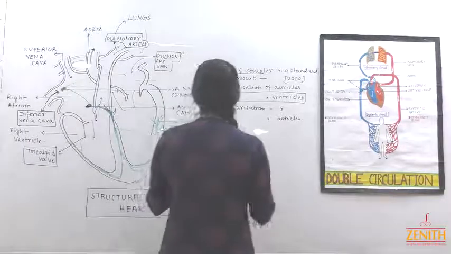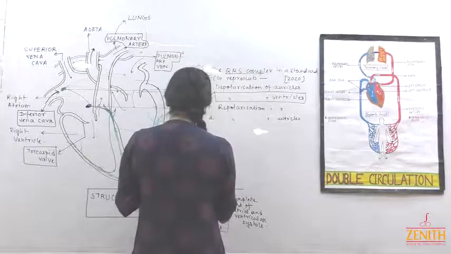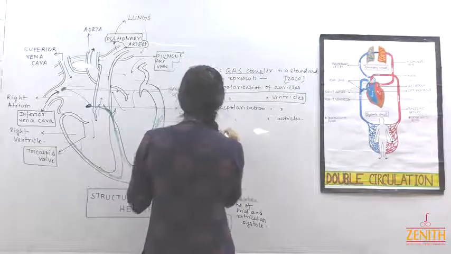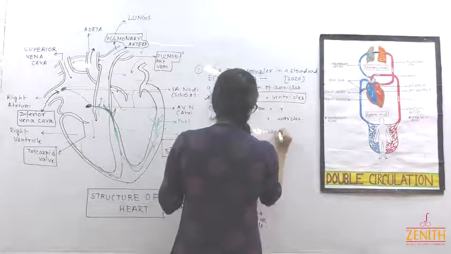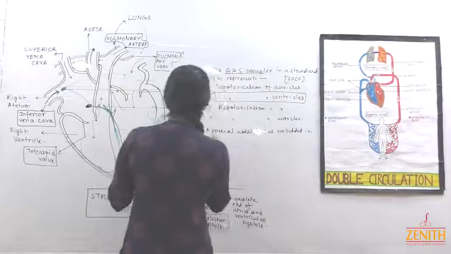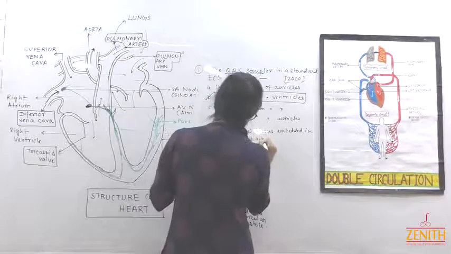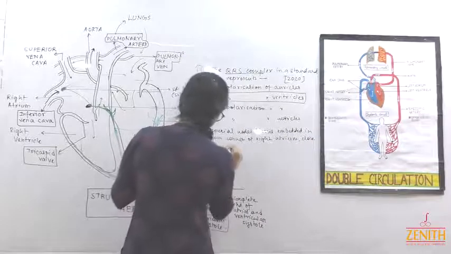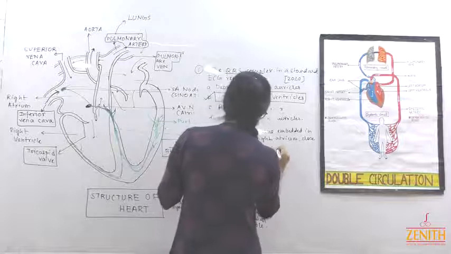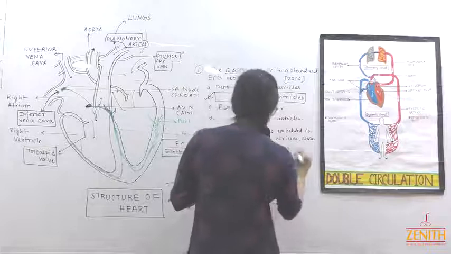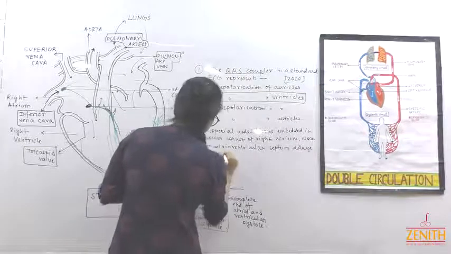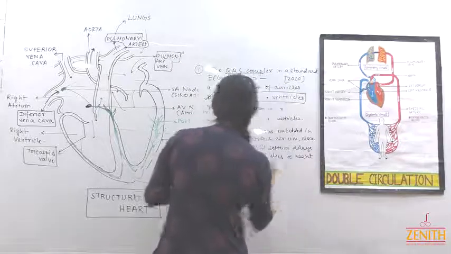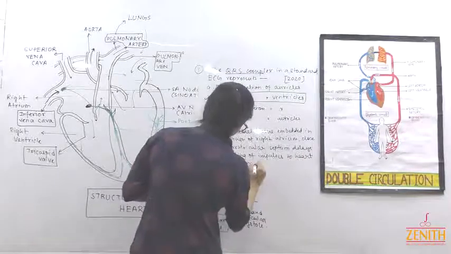Okay, then we can do another question. A special nodal tissue located in the lower corner of the right atrium, close to the atrioventricular septum, delays the spreading of impulses to the heart apex for about 0.1 second.